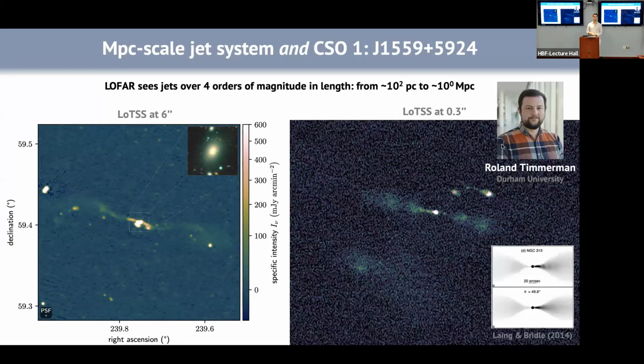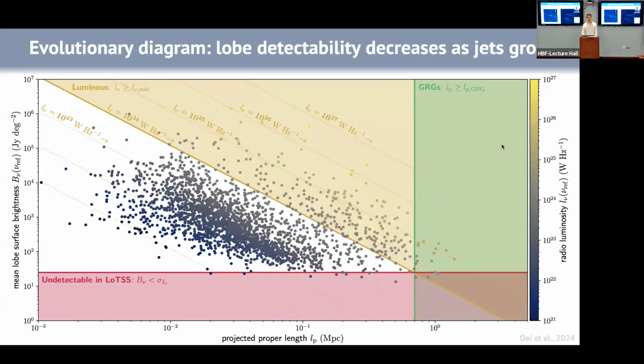The reason why you need a very sensitive radio telescope like LOFAR to find these megaparsec scale jets is because generally, as a radio source evolves, the lobes, which mark where the jets end, become fainter over time. This is comparable to a Hertzsprung-Russell diagram for stars.